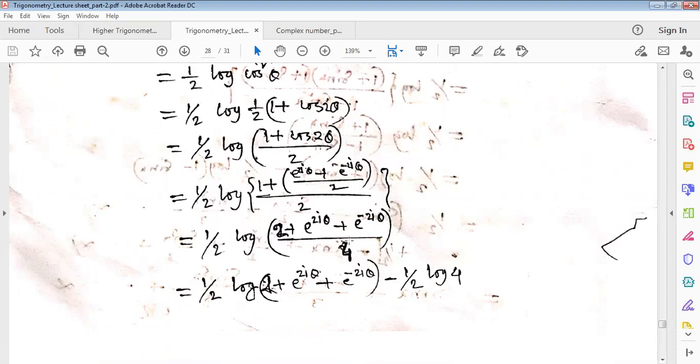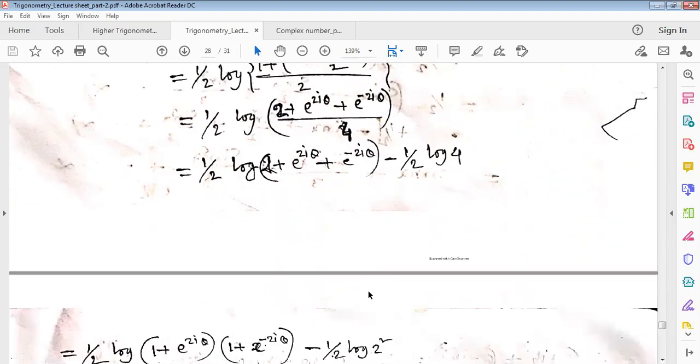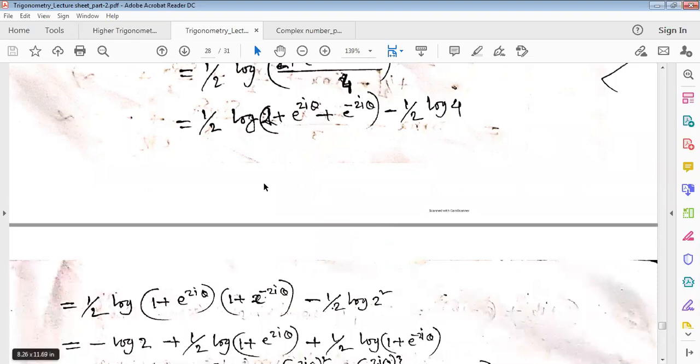Half log of m by n, by the formula log m minus log n. M means numerator, n means denominator. In division, log gives a minus. Half will be multiplied on both terms. Half log of 2 plus e to the power twice i theta plus e to the power minus twice i theta, just the numerator, minus half log 4. Now 2 plus e to the power twice i theta plus e to the power minus twice i theta can be written as 1 plus e to the power twice i theta times 1 plus e to the power minus twice i theta.